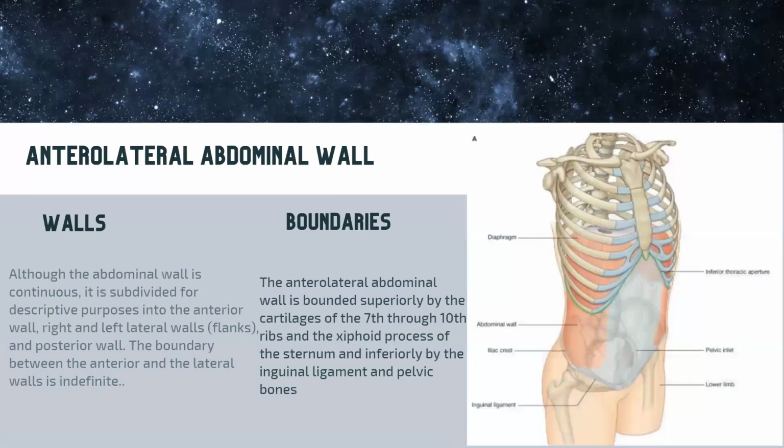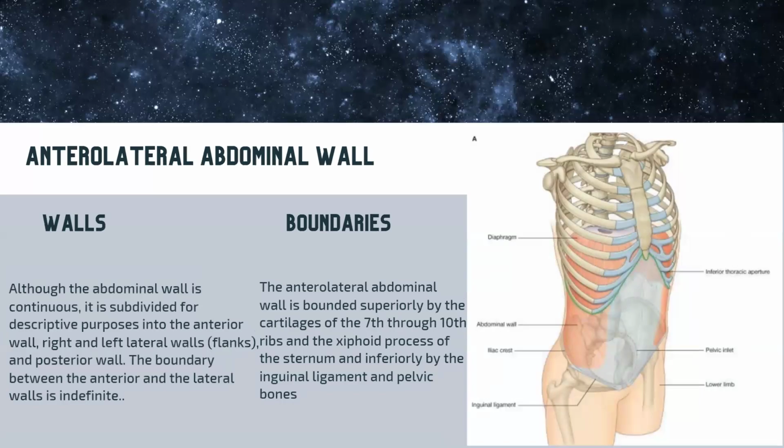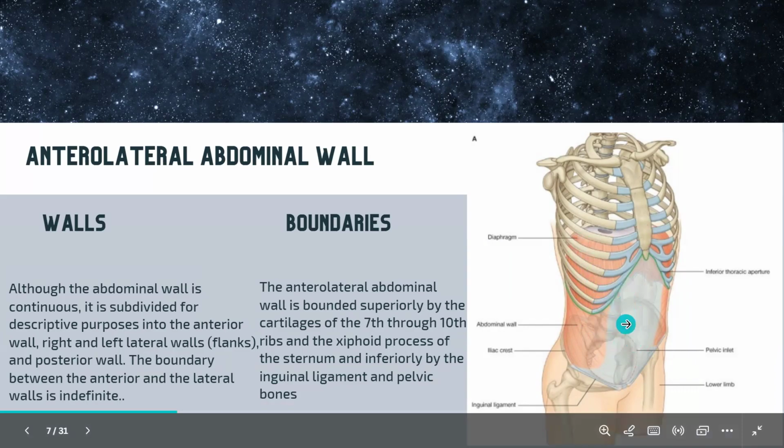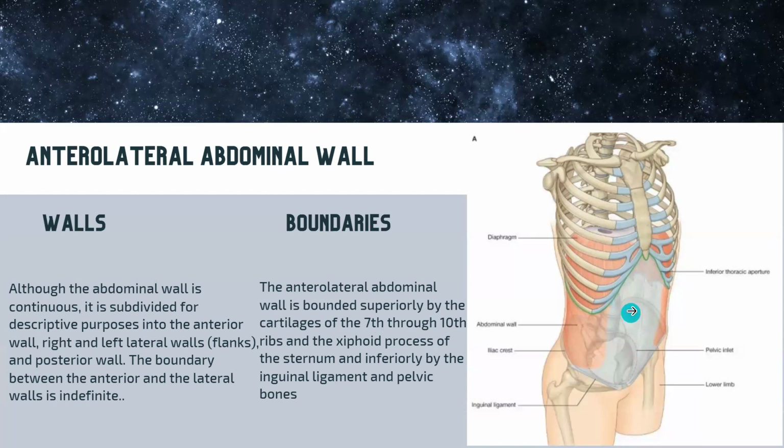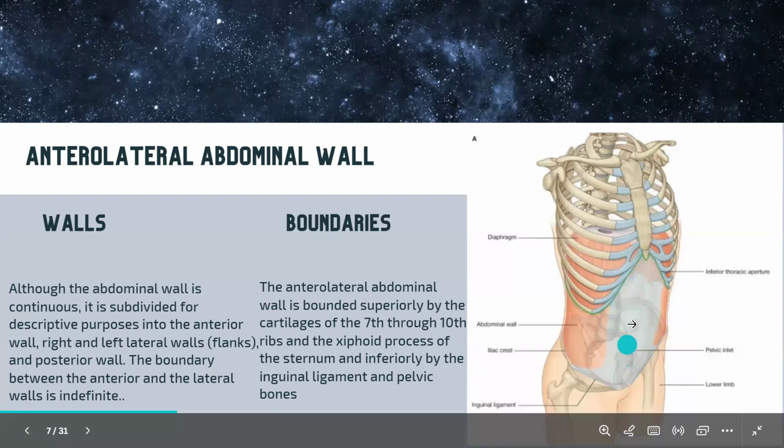Now, you can see that there are walls and boundaries, and you know the abdominal wall we call here the anterolateral wall because of the muscles of the abdominal wall, especially these muscles going from the flanks and the upper part and then inserted into aponeuroses, and each of these aponeuroses are attached together in the midline, which forms the linea alba, the white line.